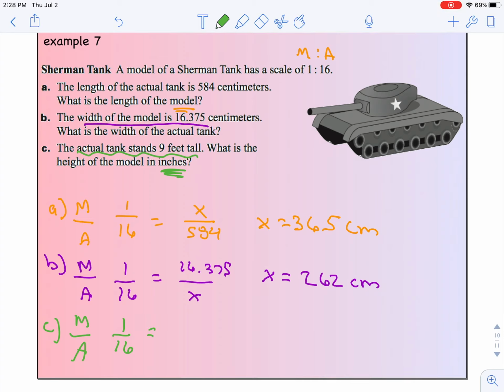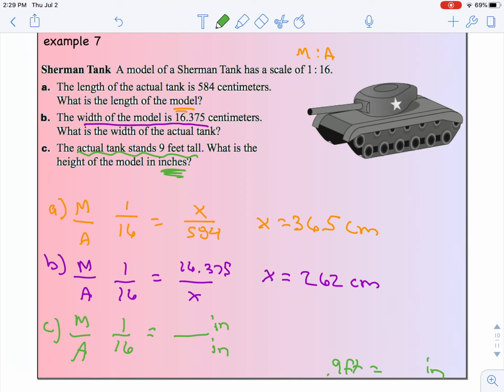We want to find, it's actually easier to convert your units before you do any math. So since we want the height of our model in inches, we actually want to find the height of the model in inches. So I'm going to put my actual in inches. And so 9 feet is equal to how many inches?